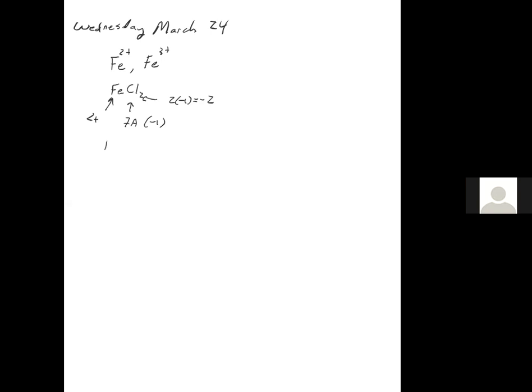Whereas if the formula were FeCl3, you'd say it's 3 times -1, so this one's got to be +3. So for the B elements, you can really get into the nitty gritty and find certain regularities in them, but it's not worth the effort.